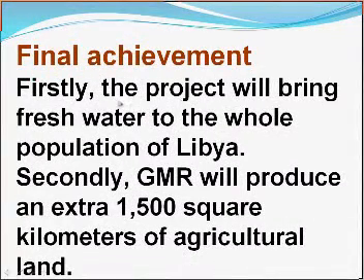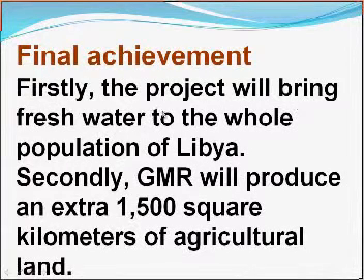Final achievement. Okay. Firstly, the project will bring fresh water to the whole population of Libya. Secondly, GMR, which is the name of the project, Great Man-Made River, will produce an extra 1,500 square kilometers of agricultural land. Okay.